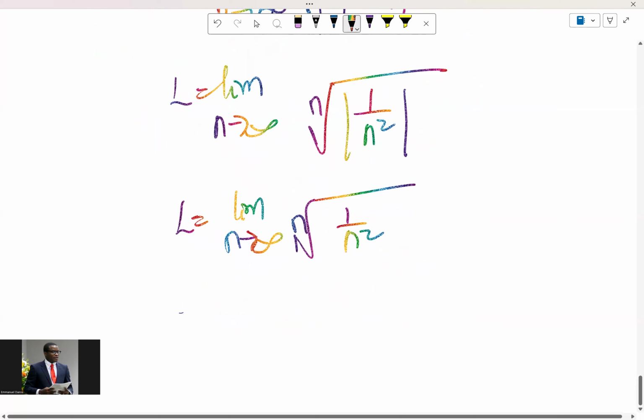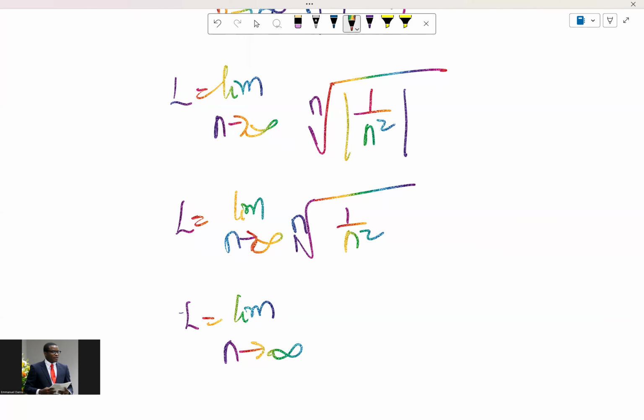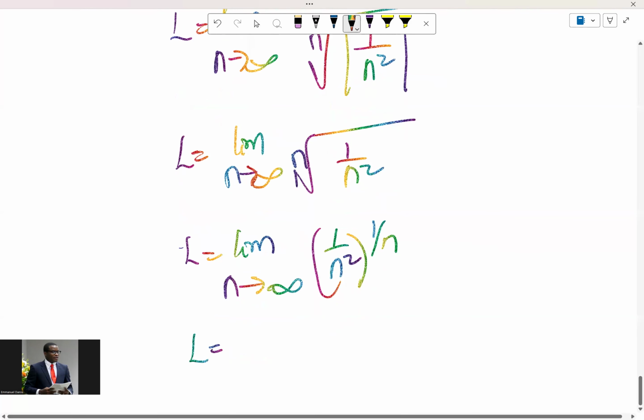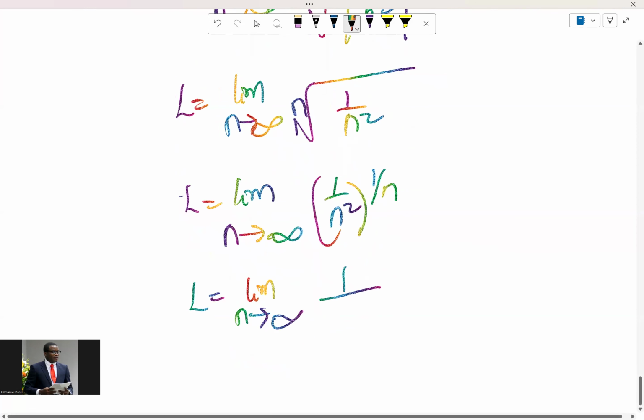Which is the same thing as the limit as n approaches infinity of (1 over n squared) all raised to power 1 over n. So L is now equal to the limit as n approaches infinity of 1 over n raised to power 2 over n.